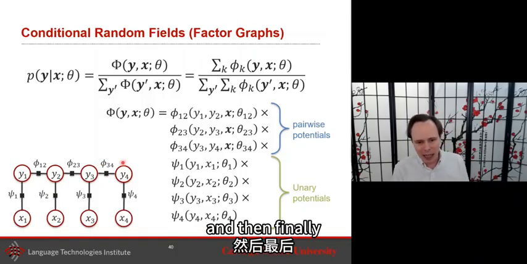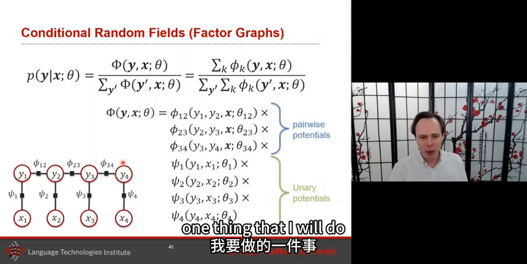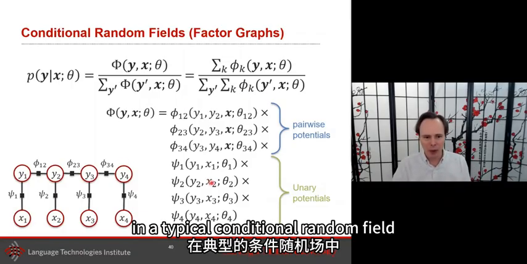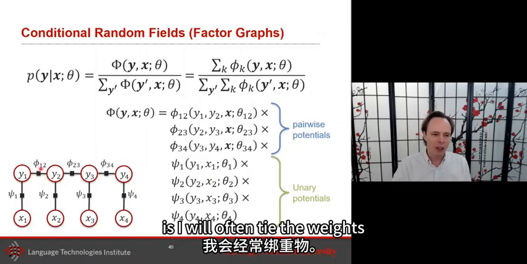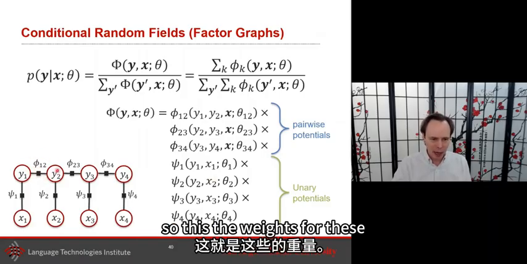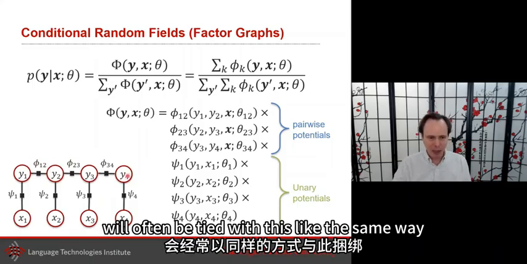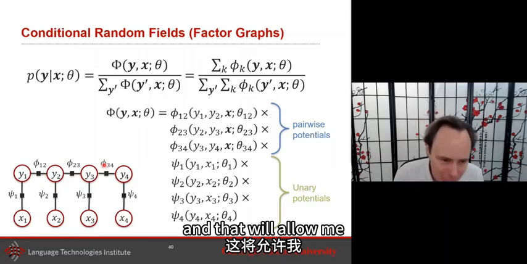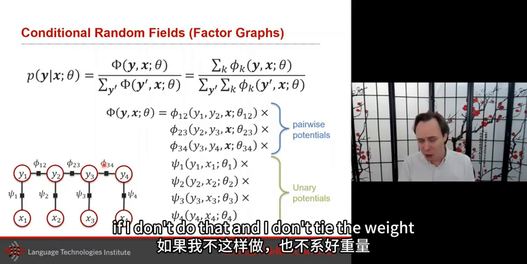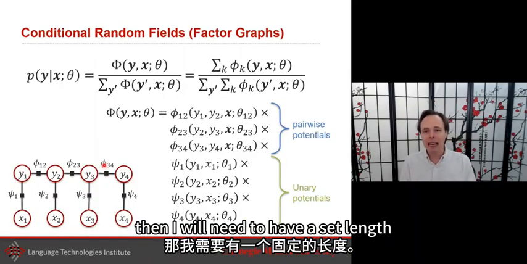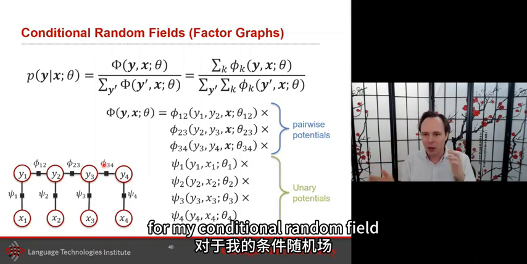And then finally, one thing that I will do in a typical conditional random field is I will often tie the weights. So the weights for these will often be tied with this, the same way. And that will allow me, if I don't do that and I don't tie the weights, then I will need to have a set length for my conditional random field.